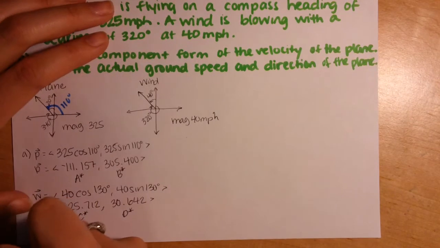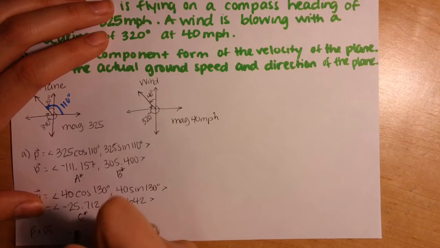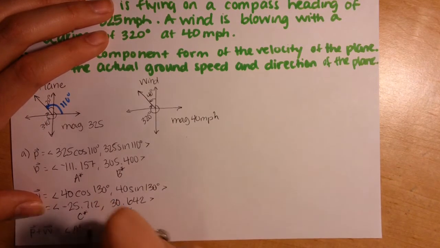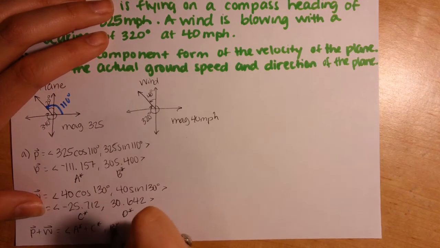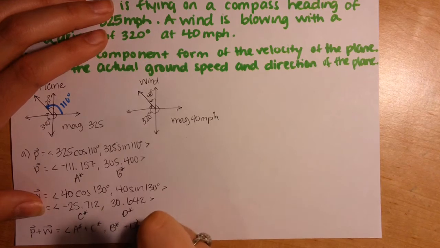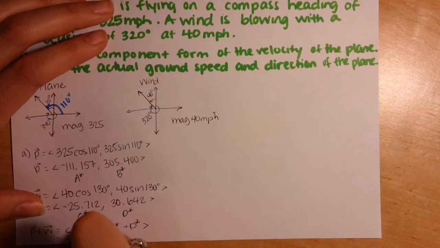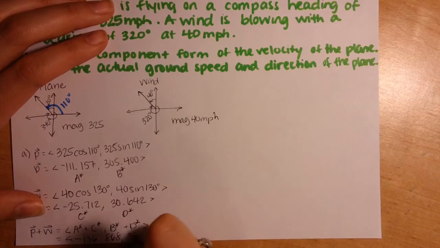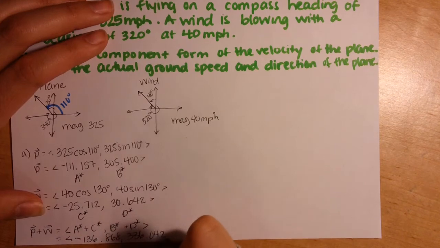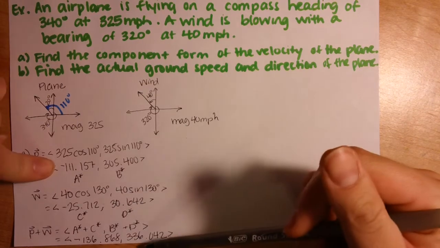So I'm going to do P plus W, which is going to be our stored A plus C, and then our Y value parts, B plus D. And that's going to give me negative 136.868 and 336.042. So we can see the wind has shifted the plane just a little bit.